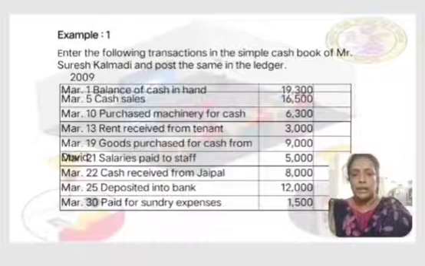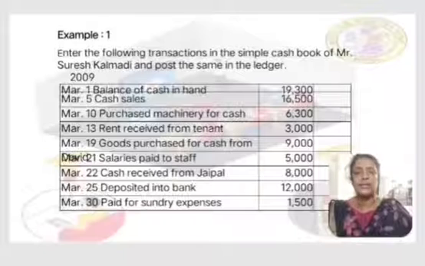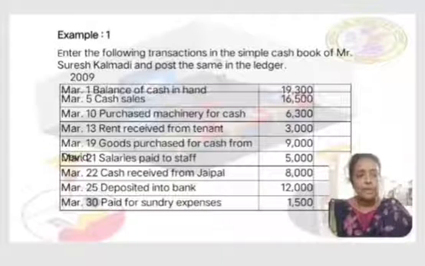And one more thing is rent received from tenant. We should know that soon after we receive the rent, what comes in? Cash comes in. So cash is which type of account? Every asset, the cash is a real account. Debit what comes in, credit what goes out. So cash comes in, from tenant it comes in.